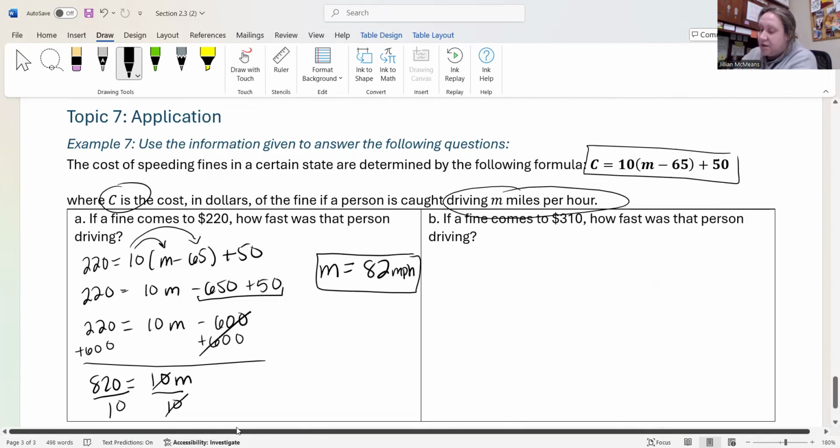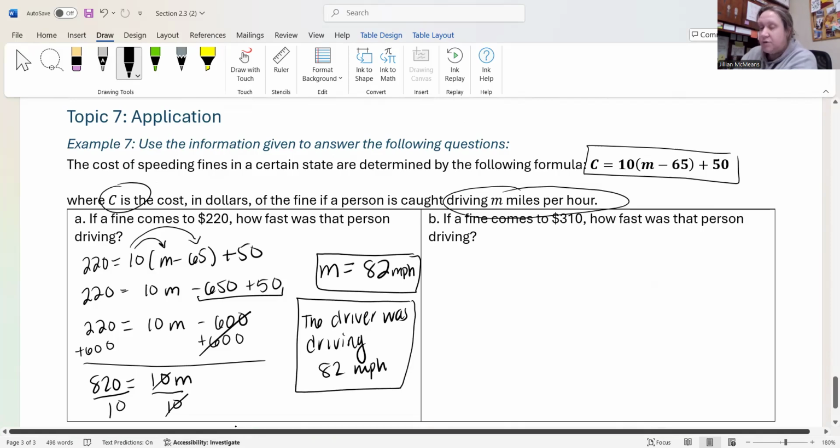And you could also say something like the driver was driving 82 miles per hour. It is very common to write your answer with a bit of a description. So at the very least, you need to say m is 82 miles per hour. That unit describes it. It's even better if you can write it in a little sentence like this: the driver was driving 82 miles per hour.